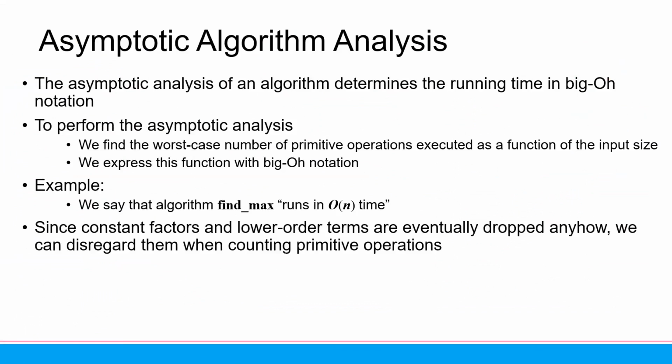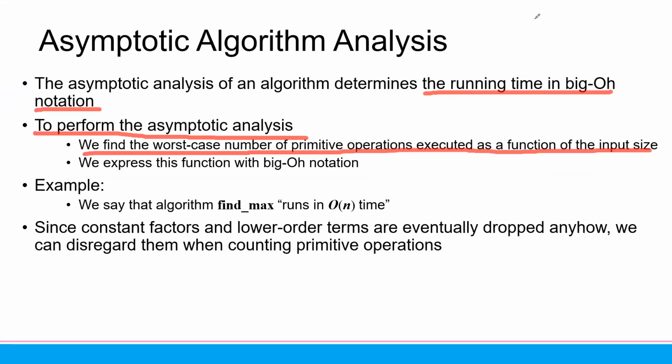That's what we call asymptotic algorithm analysis. The asymptotic analysis of an algorithm determines the running time in big O notation. To perform the asymptotic analysis, we find the worst case number of primitive operations executed as a function of the input size. You have one operation, then two operations.